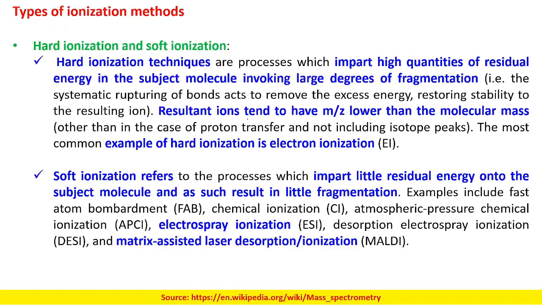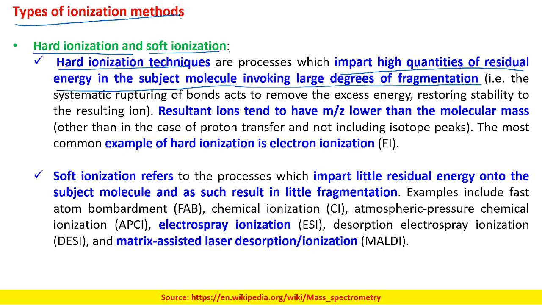Now, in electrospray ionization, okay, first let us see the types of ionization methods. First we can have hard ionization and soft ionization. In hard ionization, we have very high energy ionization, which imparts high quantities of residual energy in the subject molecule, invoking large degrees of fragmentation.